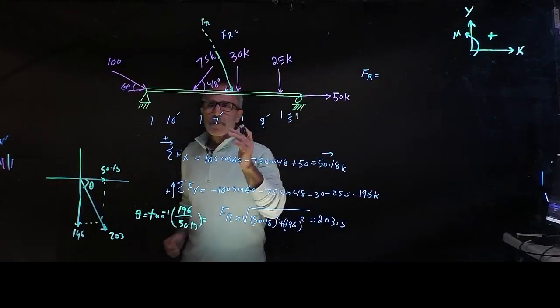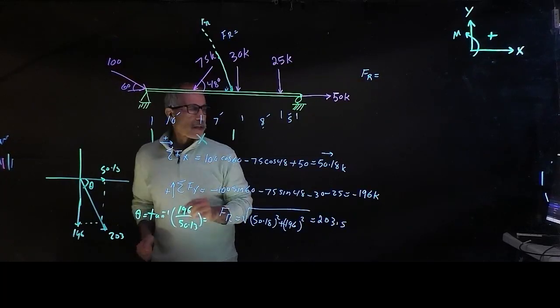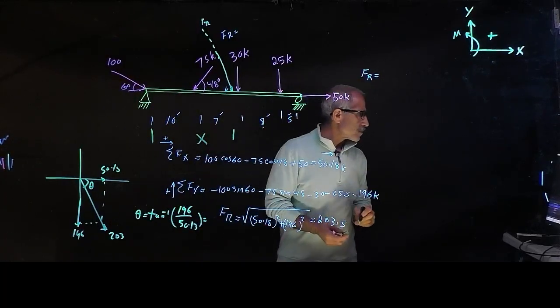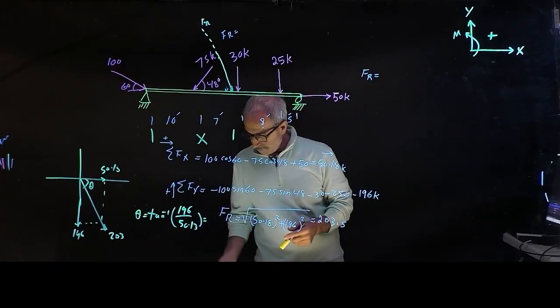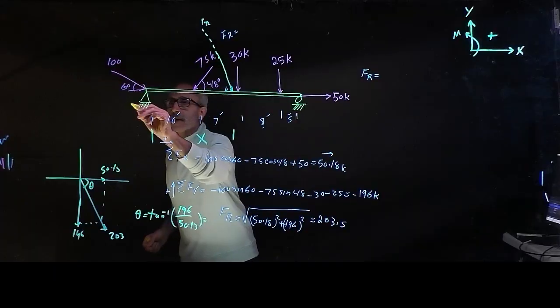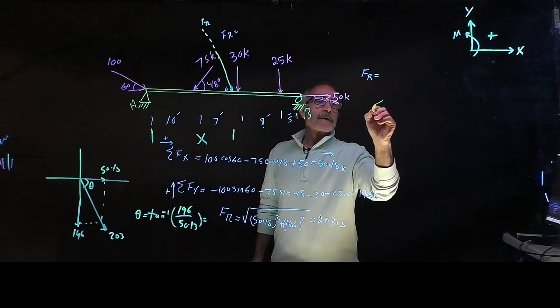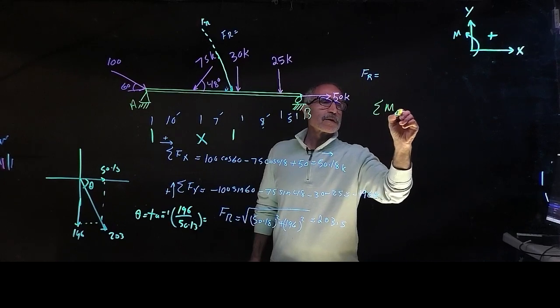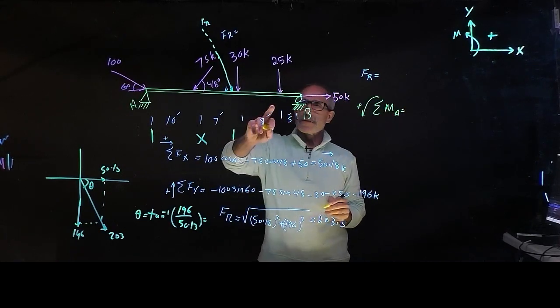But what I care about more is what's this distance x right here. To calculate that, I'm going to take a moment about point, let's call it point A right here, and point B. Summation of moment about point A is not 0 in this case, since we're not counting the reaction.